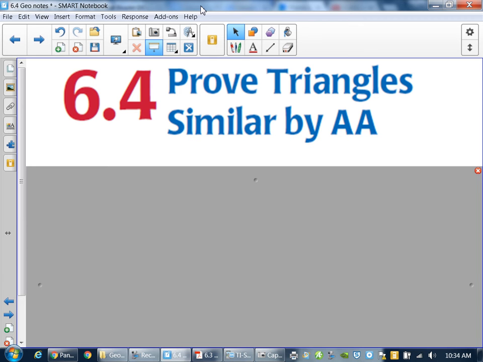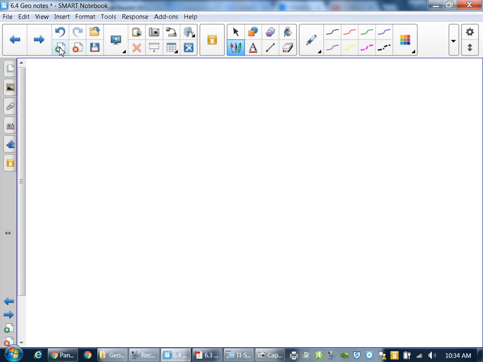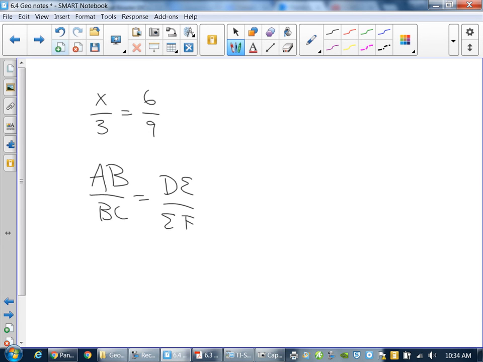Just like if you go back and think about when we started out this unit, the first thing we did was this. Cross multiply and solve. Then we did this. After you did that, you filled in the blanks, cross multiplied and solved.